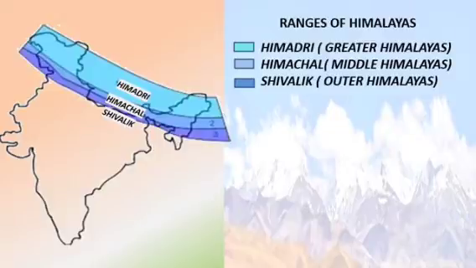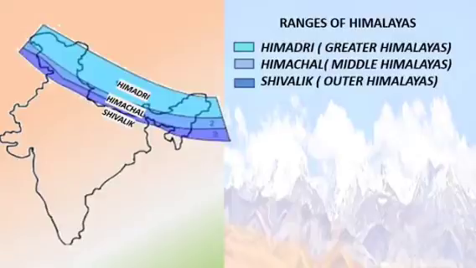Himalayas consist of 3 parallel ranges, namely Himadri or Greater Himalayas, Himachal or the Middle Himalayas, and the Shivalik or the Outer Himalayas. Let us repeat once again. The 3 ranges of Himalayas are Himadri, Himachal, and Shivalik.